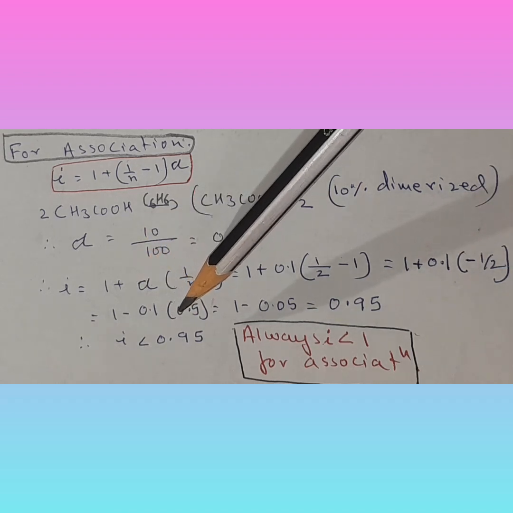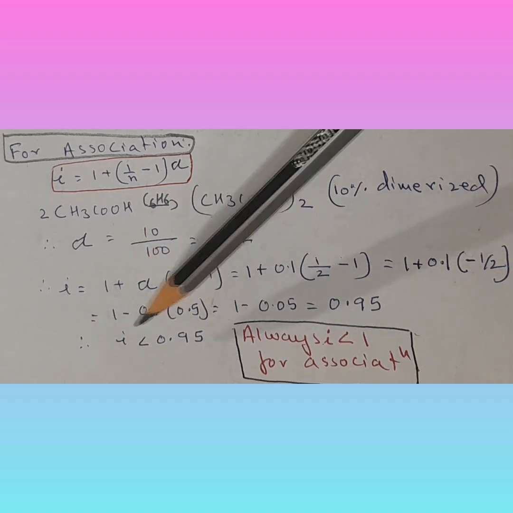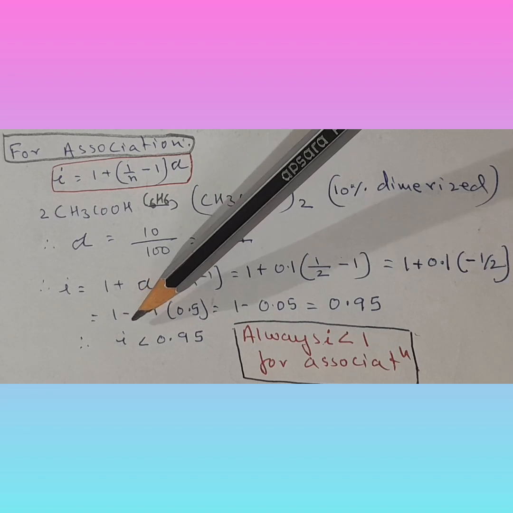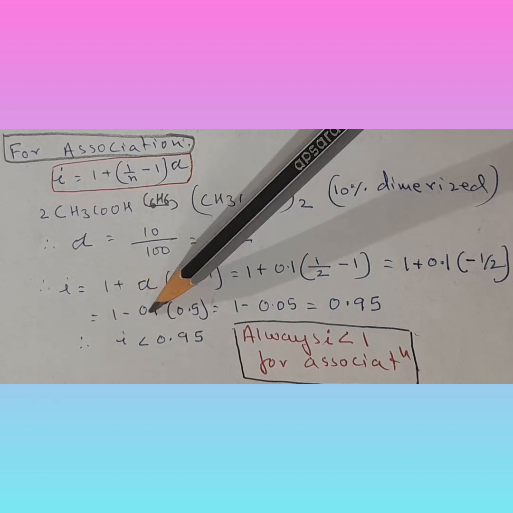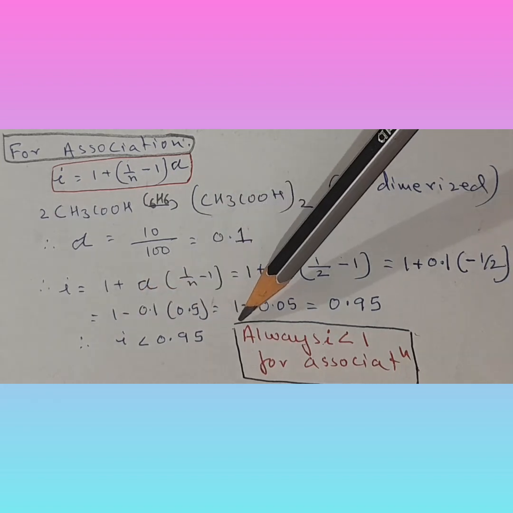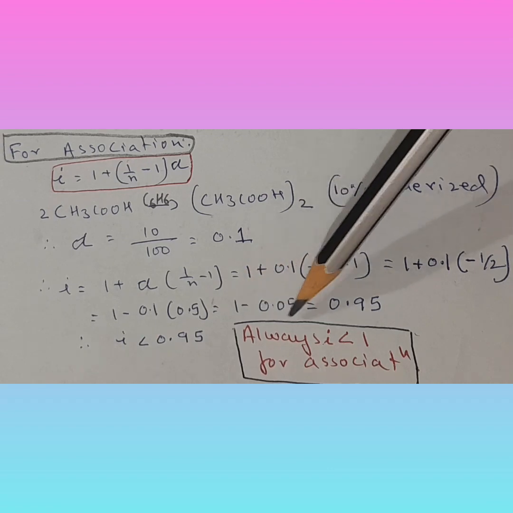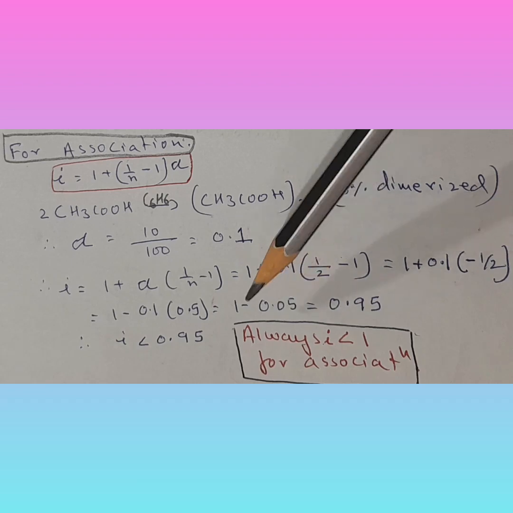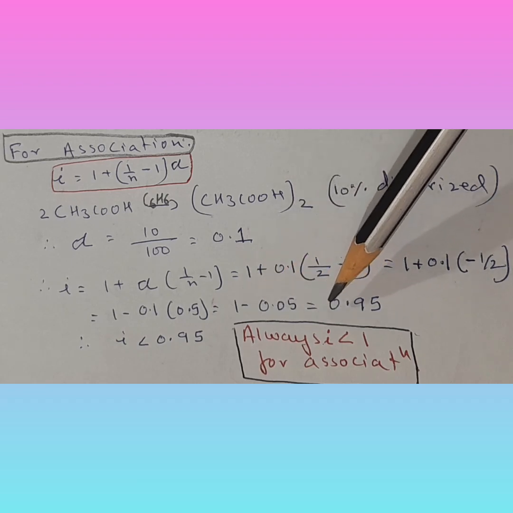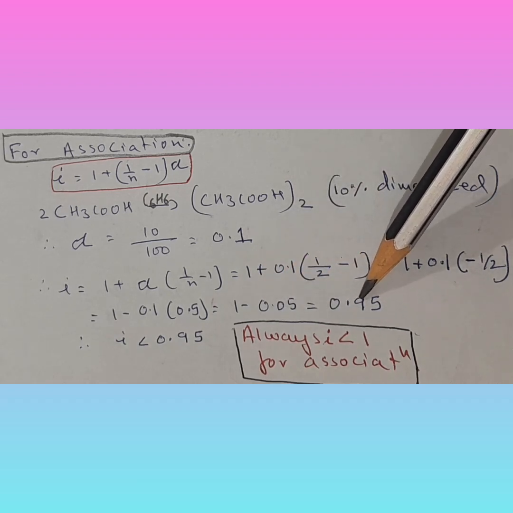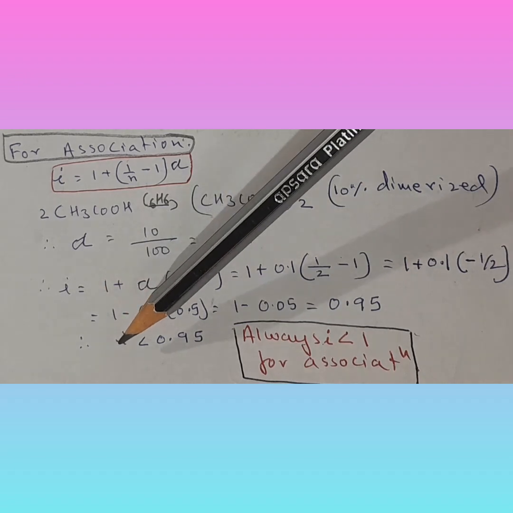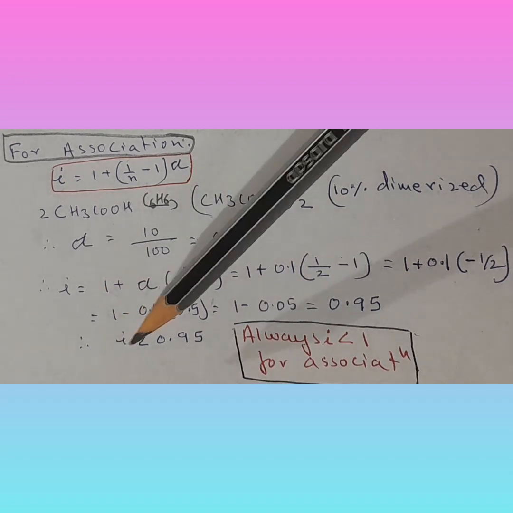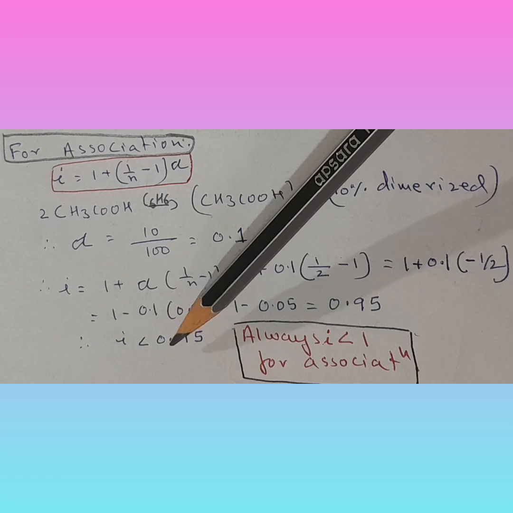So I've jotted down here minus 0.1 into 0.5, and it gets to 1 minus 0.05, since 0.5 multiplied by 0.1 is 0.05. So the value that we get is 0.95. The Van't Hoff factor is less than 1, that is 0.95.